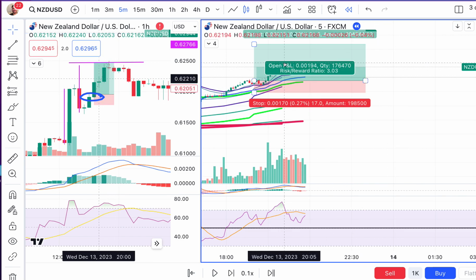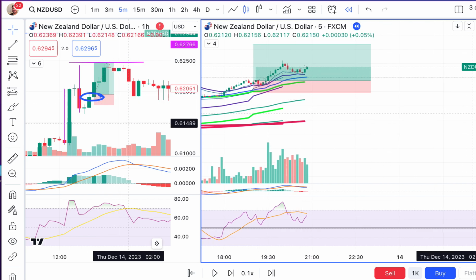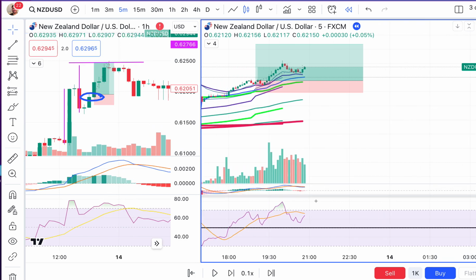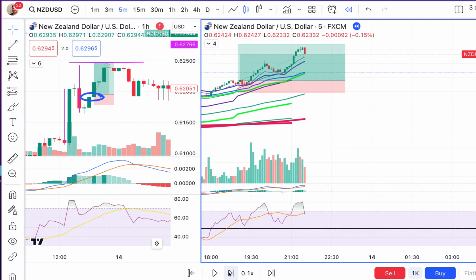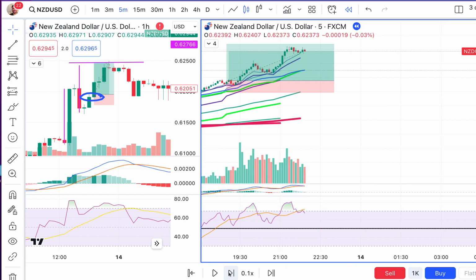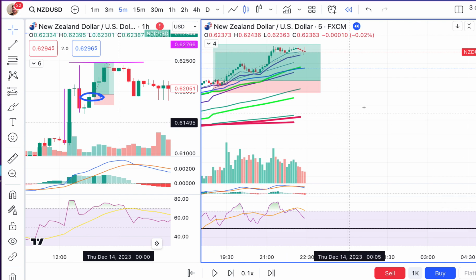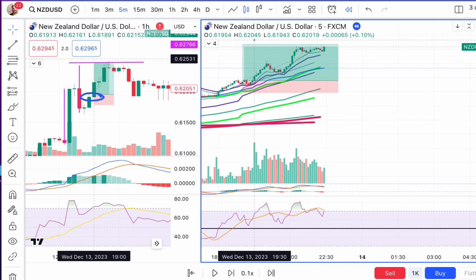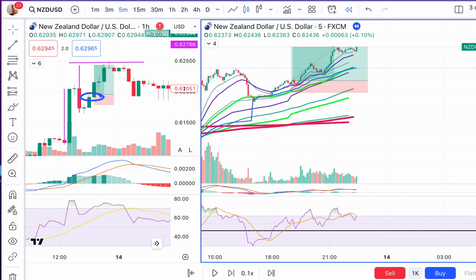We had a pullback, we had a bounce, and then we had a little bit stronger pullback. Now don't be surprised if it goes straight to target at this point. Now we're straight to target. We might have overestimated our target a little bit, but there we go. We hit the target.